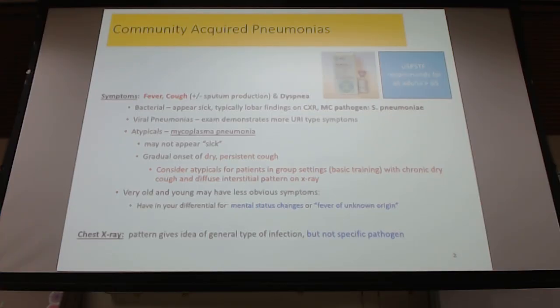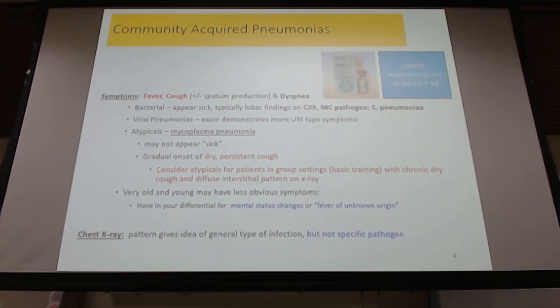So it's very commonly going to be someone in basic training, someone in a dormitory, comes in. Maybe they have a small infiltrate on their chest x-ray, nothing crazy. They might be afebrile, just feel a little crappy. Most commonly, that's going to be our Mycoplasma pneumonia as the most common etiology of our atypical pneumonia.